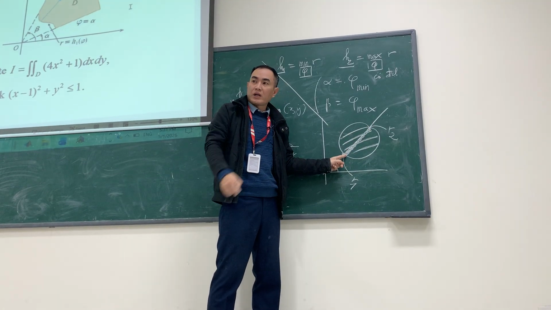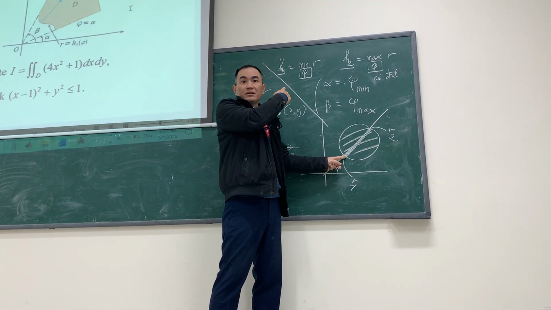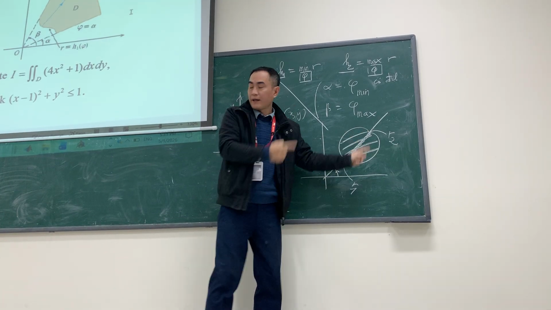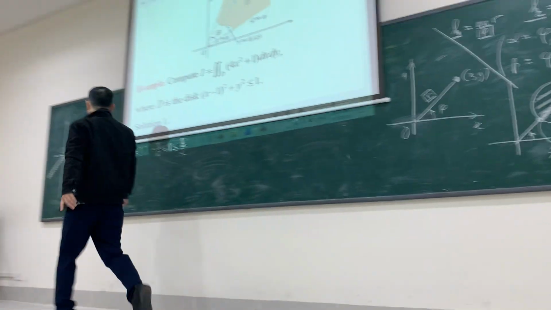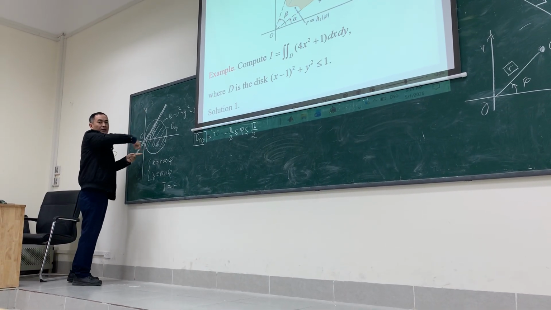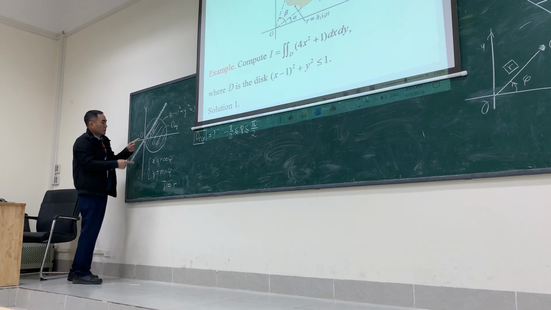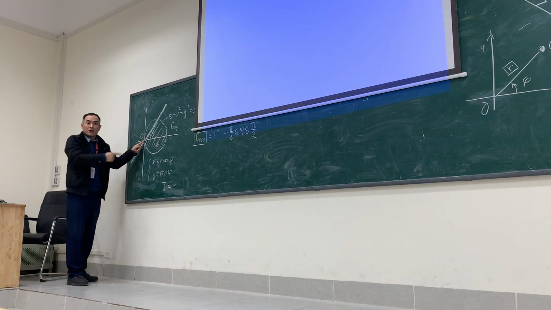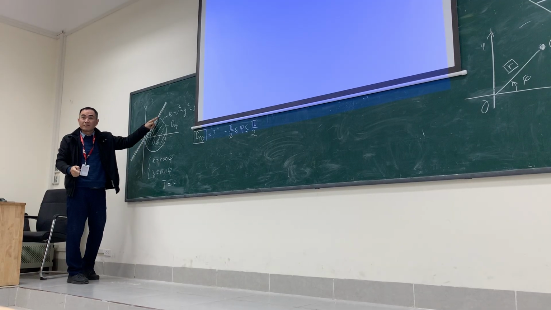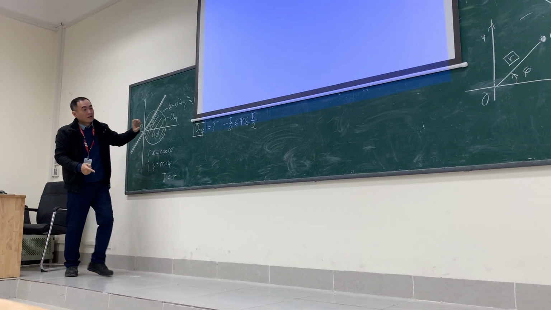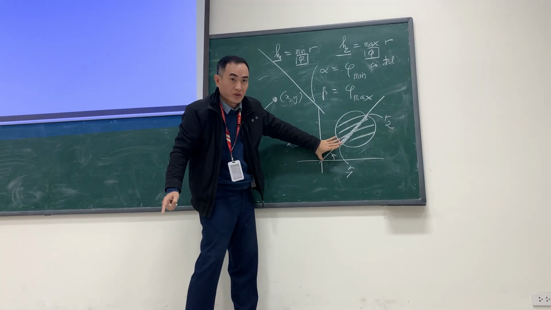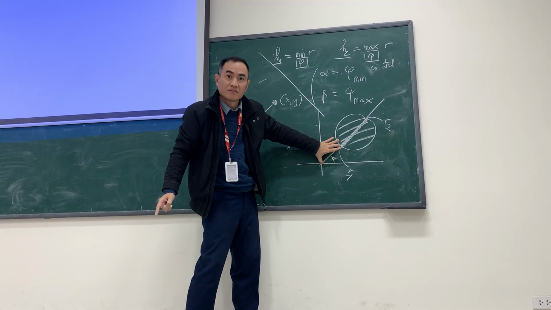First point corresponding to r1. Second point corresponding to r2. When we draw this line, it intersects the boundary at 2 points. The first point corresponds to the origin. The second point is this one. Now, r1 measures the distance from origin to the first point.